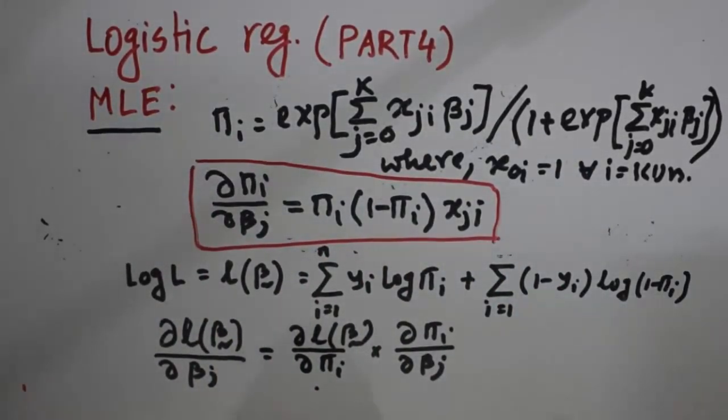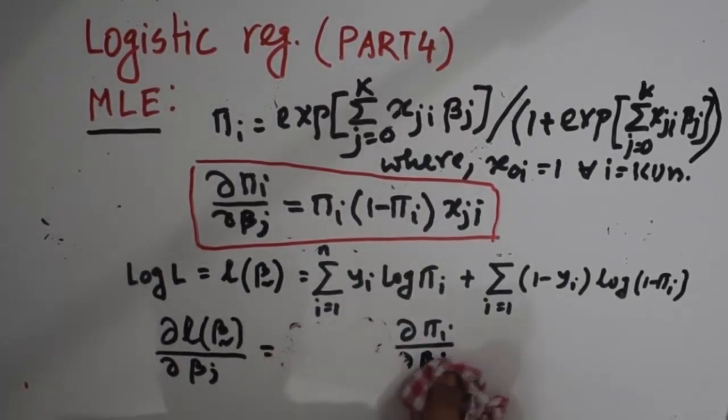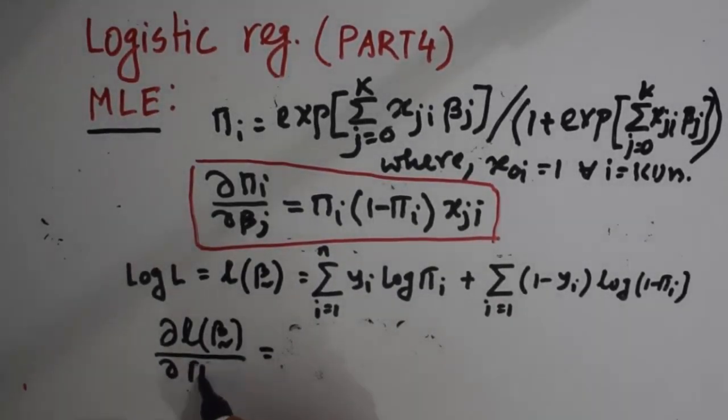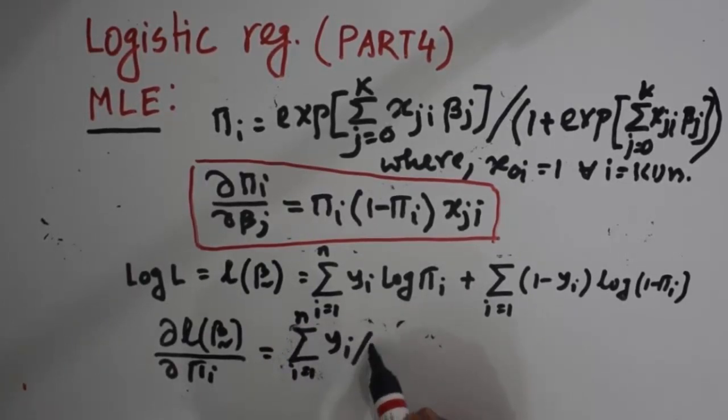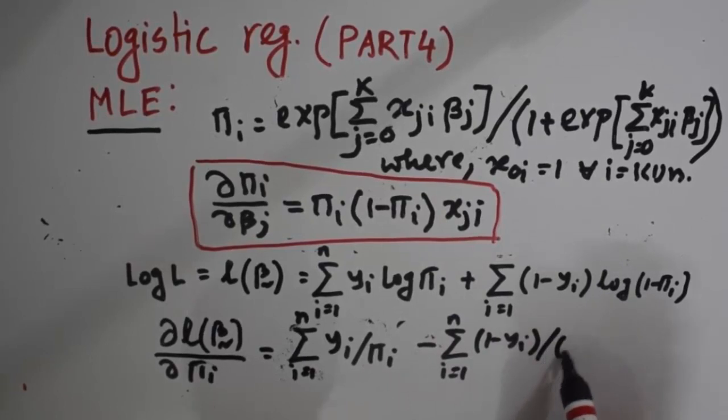Now the partial derivative of L of beta curl with respect to pi i is equal to the sum over i from 1 to n of yi by pi i minus the sum over i from 1 to n of 1 minus yi by 1 minus pi i.